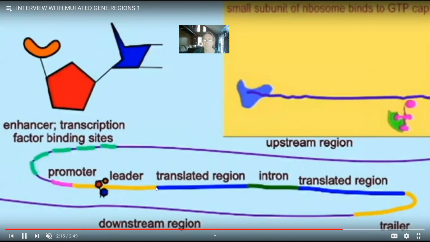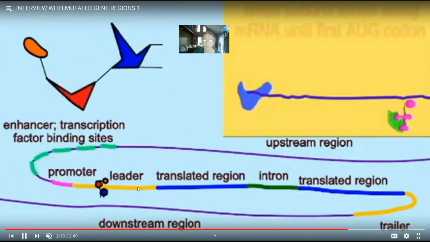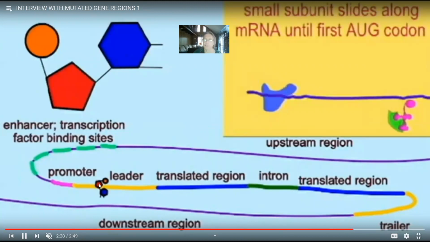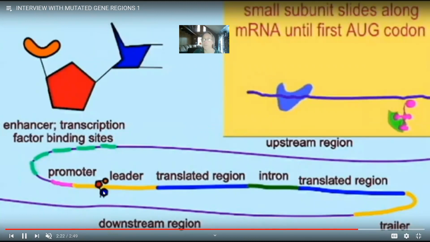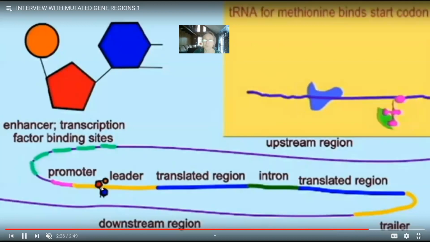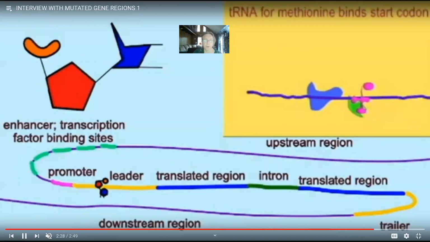Let's say that's here, where the blue begins. Well, this leader never becomes protein. So if you have a mutation there, would it matter? No, not necessarily. Unless maybe if you started a new start codon. So if you just by random luck made that into an AUG, now the ribosome would think that this was where the protein started rather than here.